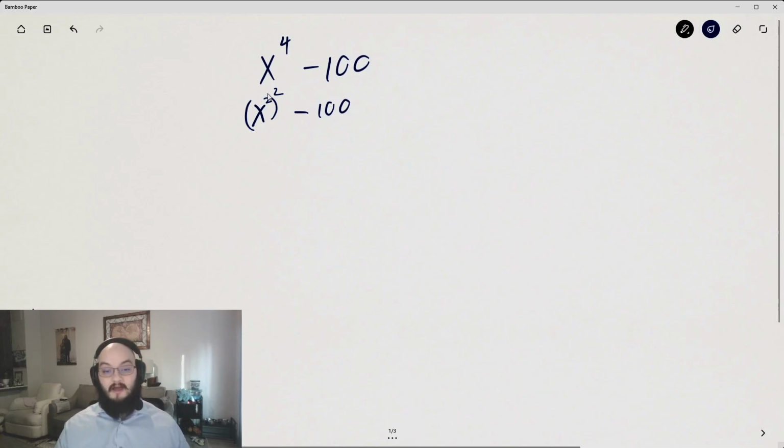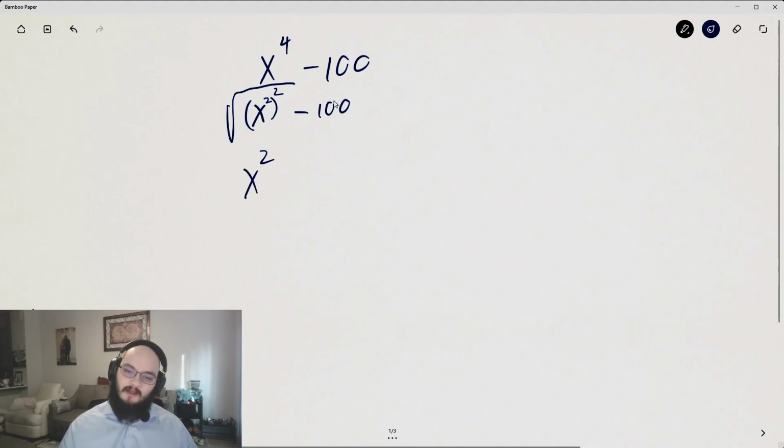So now we have something raised to the second power minus a perfect square. Perfect square over here, perfect square over here. And when we take the square root, we're going to take the square root of all of this, not just the x squared on the inside. It's the x squared, squared. So what is the square root of that? It would be x squared. Square root of 100 is 10.